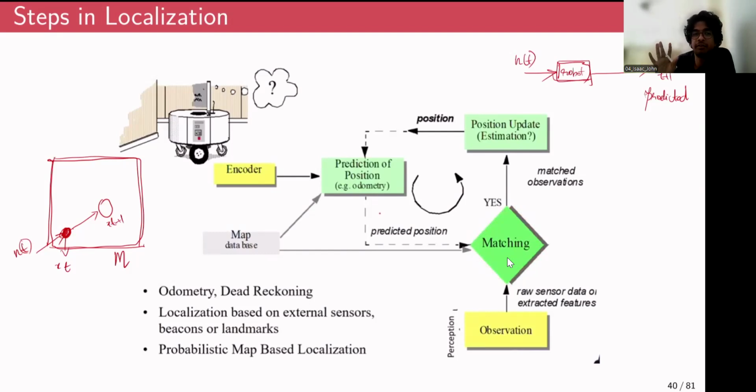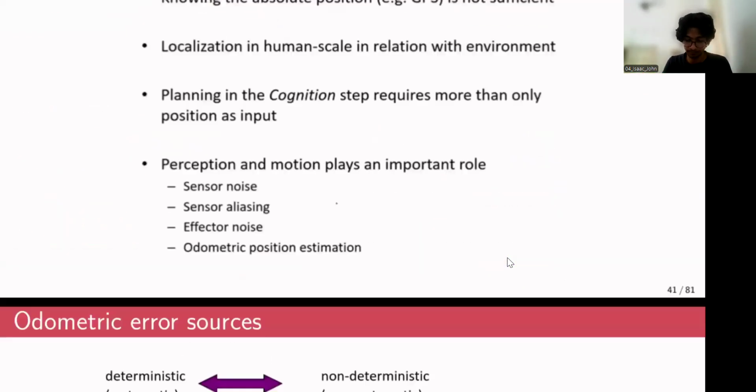But if there is some offset, then some sort of correction will have to be made. So this goes as a loop. If there is a correction, it gives some more control input, and then it will try to match its position. It keeps going on and on. That is how you fuse your information from the encoders and your sensors, so that you can be sure of your current location. This is essentially localization.